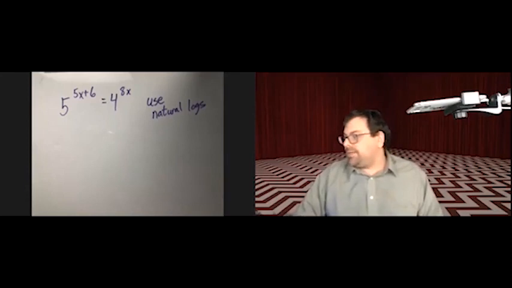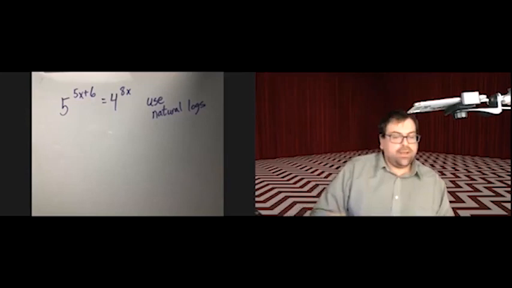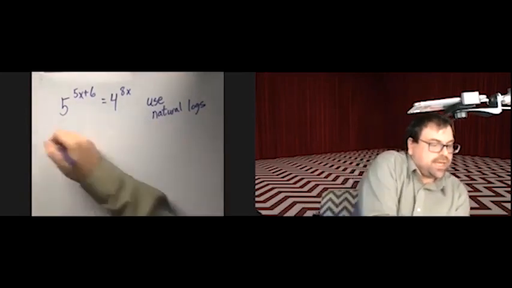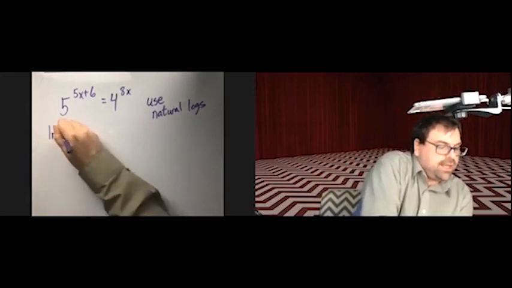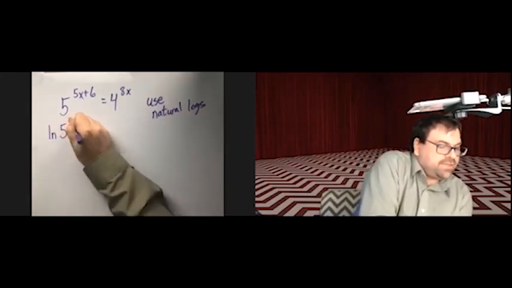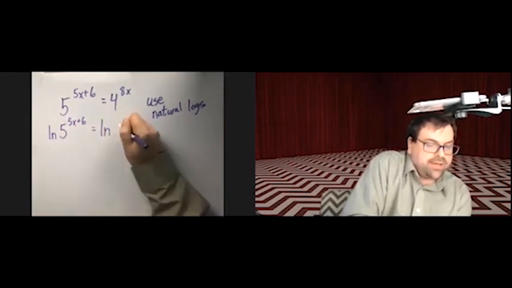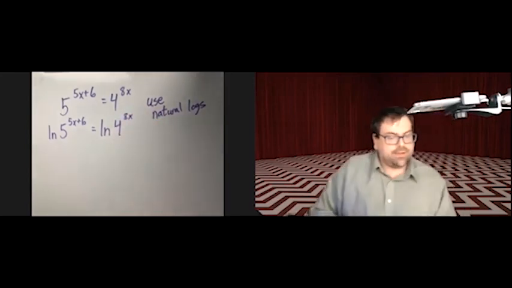What that's telling us is your first step is to take the natural log of both sides. ln of 5 to the 5x plus 6 equals ln of 4 to the 8x.